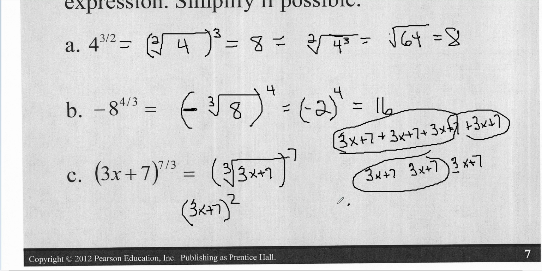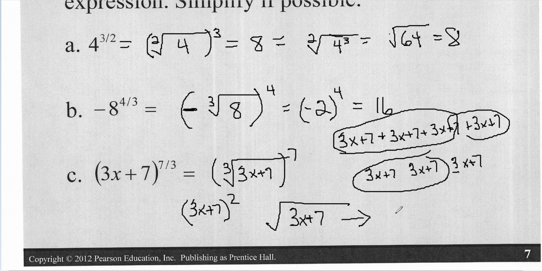So in our radical sign is the 3x plus 7. And then on the outside is this 3x plus 7 squared. Well, I'll just rewrite it. How about that? I'll rewrite it going this way.